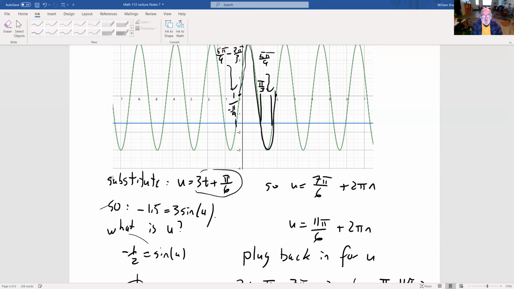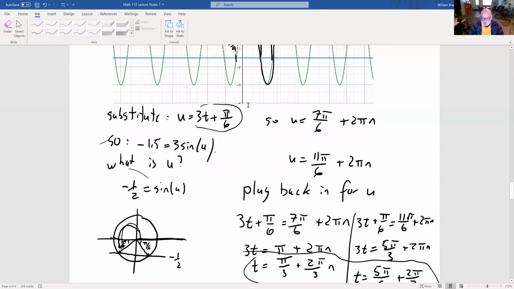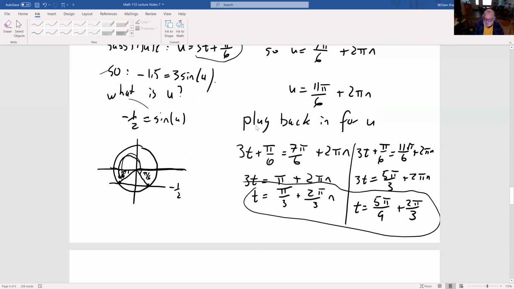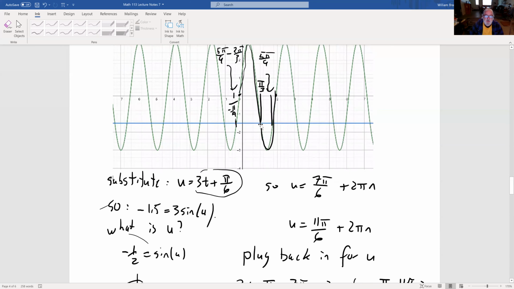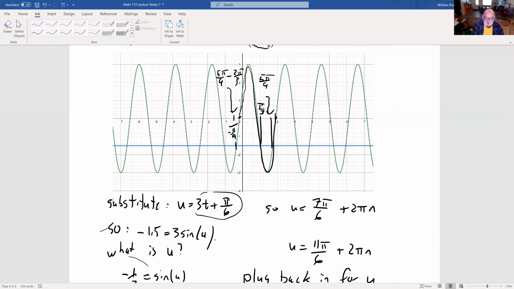You do the math there, you get minus pi over 9. And that's because we went 1, oh, I forgot to have an n here. We went 1, 2 pi over 3, which is the length of the period of this function, to the left. So from here to here is 2 pi over 3.